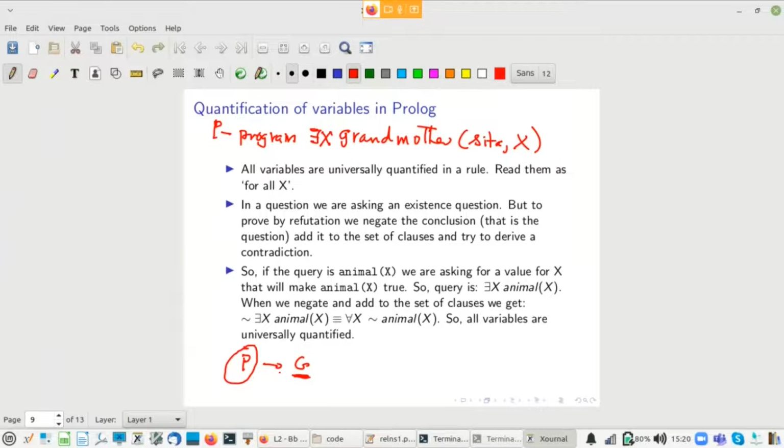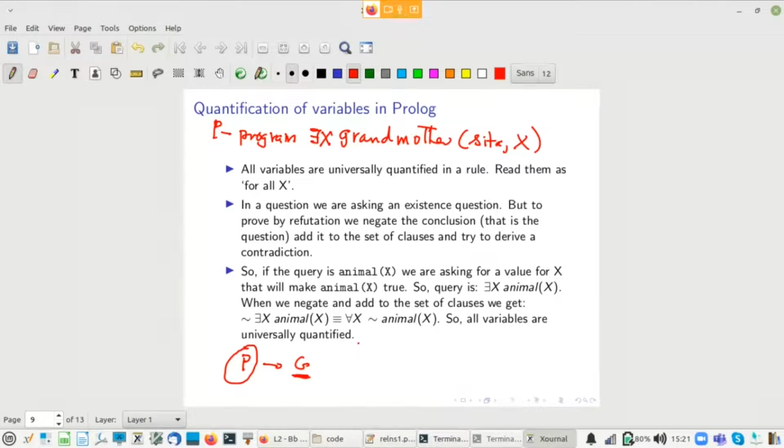You expect it to be true. Now G can have variables, right? For example, here X is a variable. So the question becomes, does there exist an instantiation or a binding for X such that it is true, given P is true?